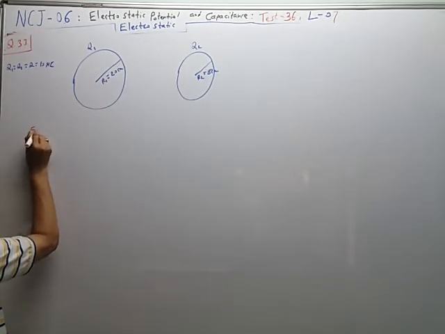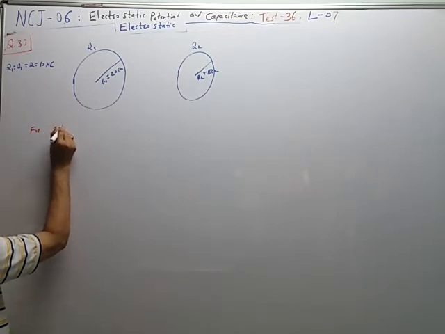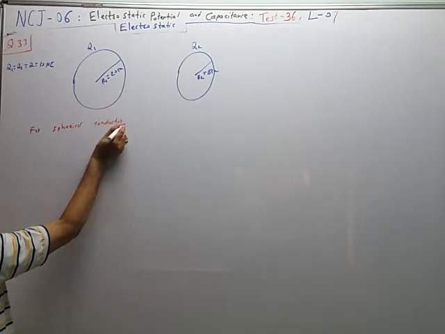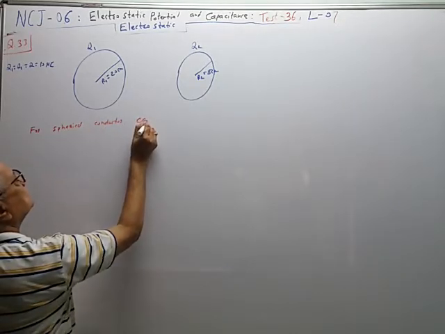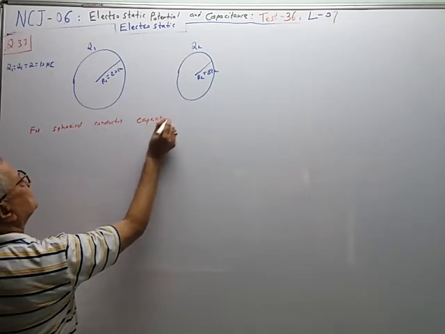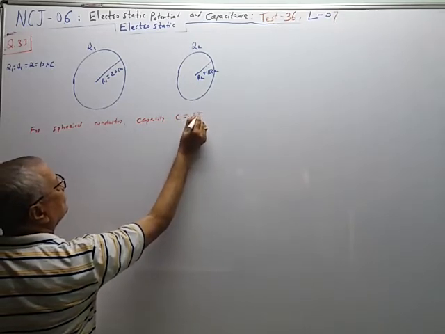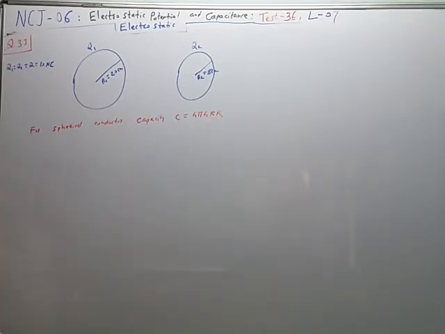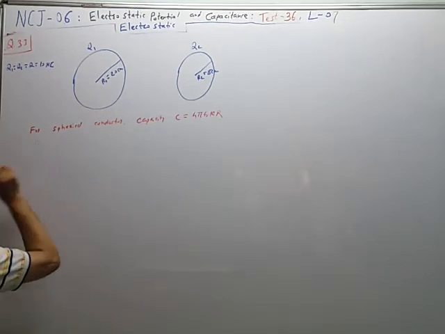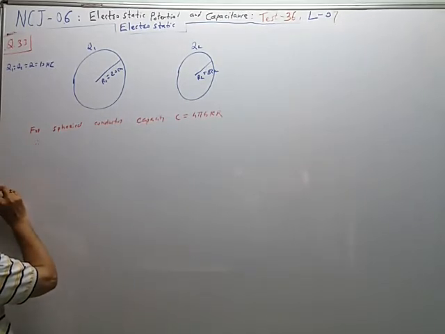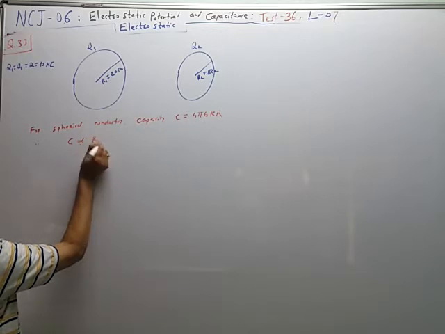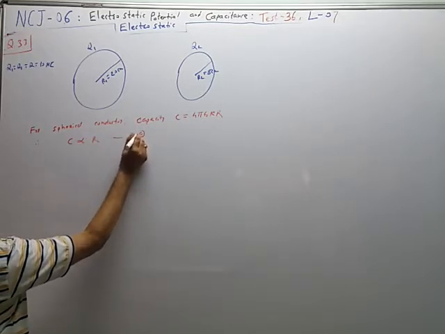For a spherical conductor, capacity C is equal to 4 pi epsilon naught K into R. Then C is directly proportional to R. This is equation A.